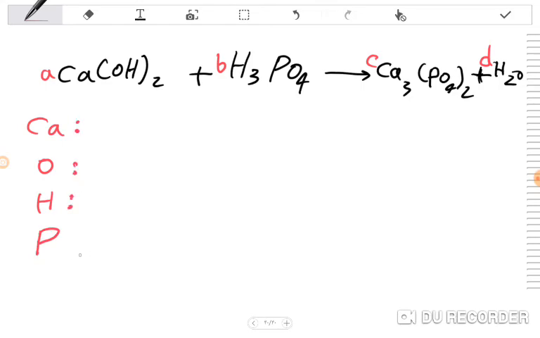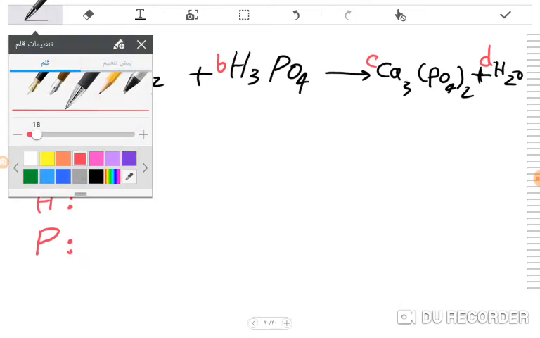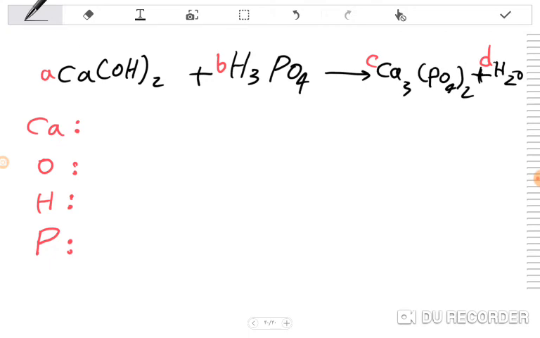We take help from math and write an equation for each. For calcium, how many calcium atoms? On the left side A, on the right side 3C.